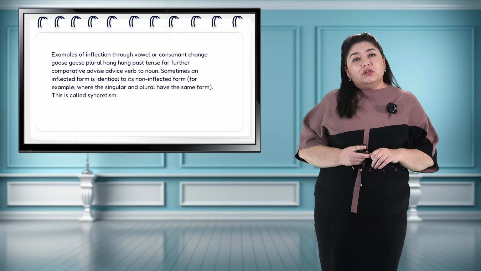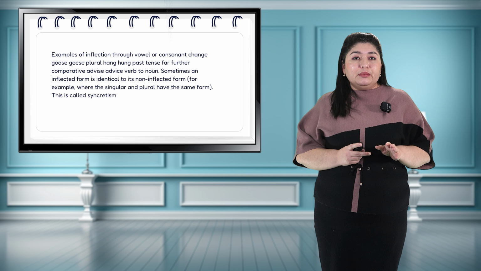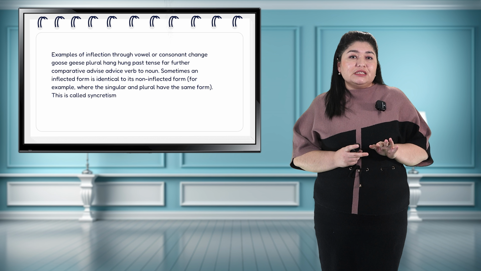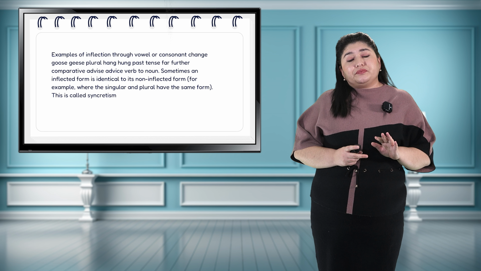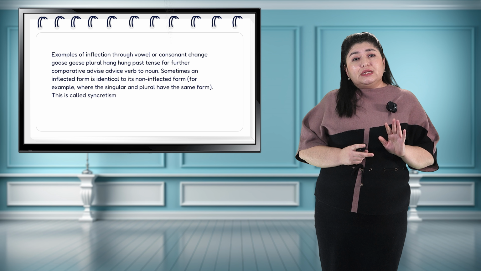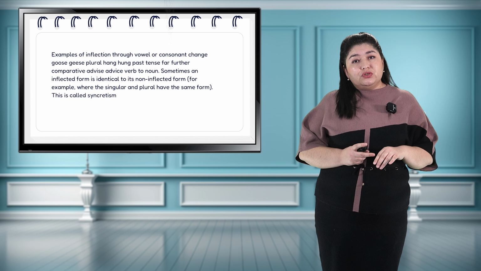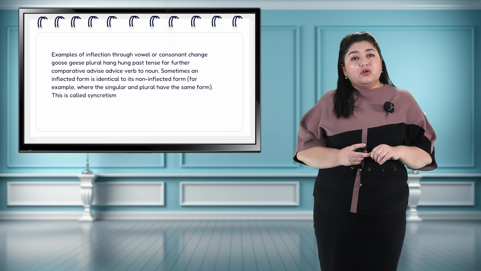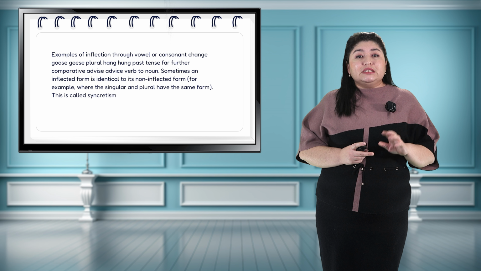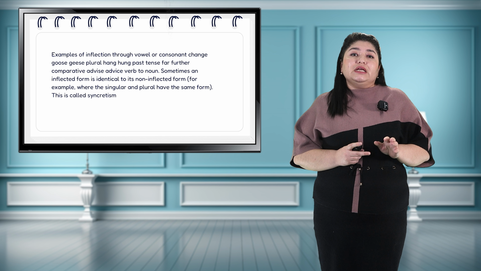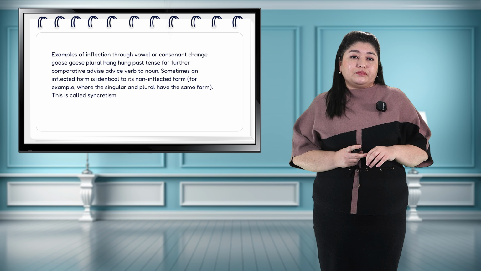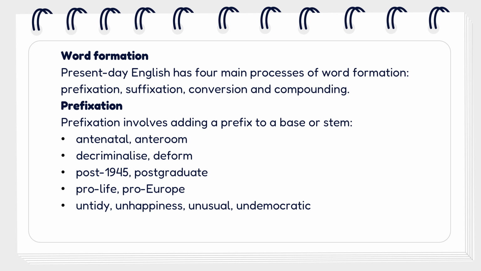For example, walk and walked have the same lexical meaning, and they are the same lexeme too. Responsible and irresponsible have different meanings. They are different lexemes. Present-day English has four main processes of word formation: prefixation, suffixation, conversion, and compounding.